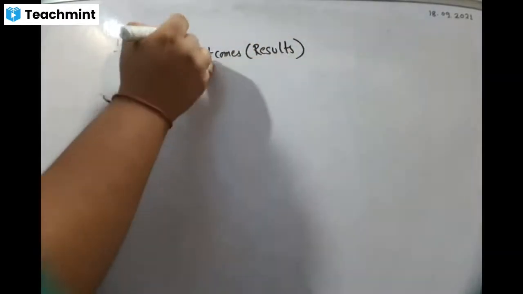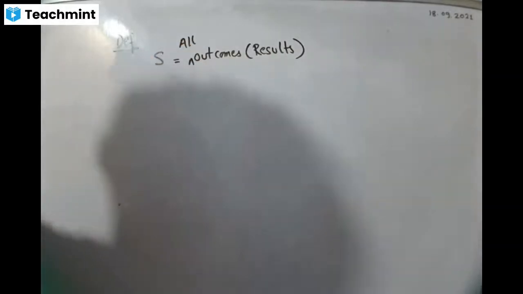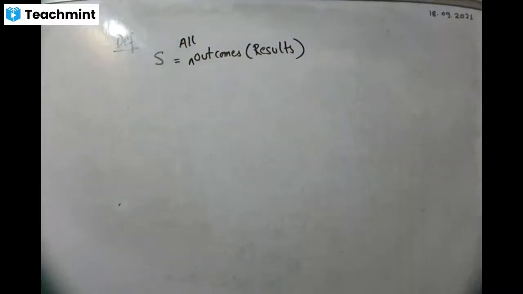So capital S is the set of all possible outcomes, within bracket result. And capital A be an event which contains all the elements which are favorable to A.